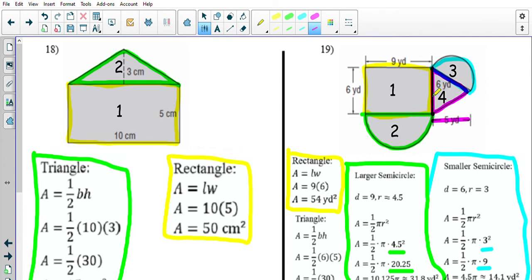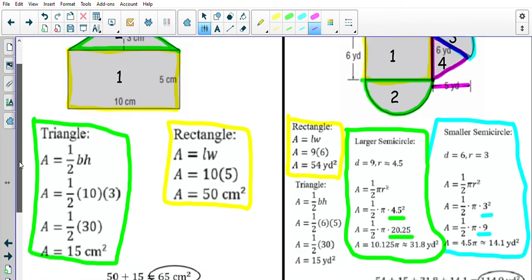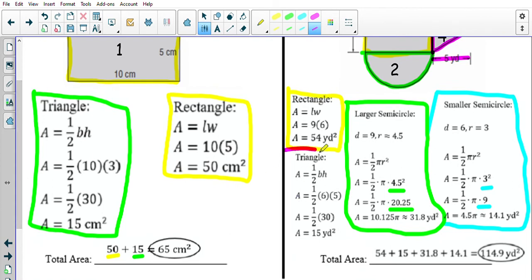And then the base is where it's going to intersect, down here, this line that we drew in, which I know is 6, not because of the 6 here, but because of the 6 over on the other side of our rectangle. So base and height are 5 and 6. The formula for the area of a triangle is half times base times height. So it's half times 6 times 5, which is half of 30, or 15 yards squared.